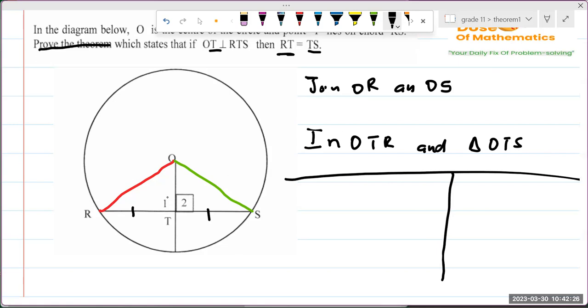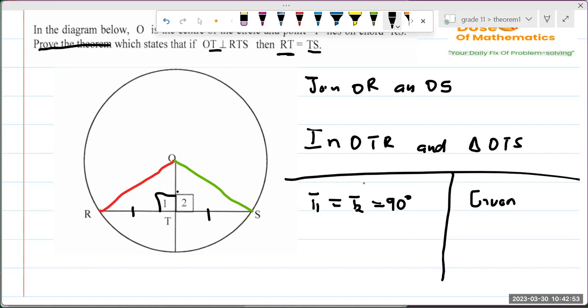Now, if you look here, even if they didn't say this, we know what this angle is going to be. What is going to be our T1? 90 degrees. Now, why is T1 90 degrees? It's given. T1 is equal to T2, which is 90 degrees, because these things were given. We are told.